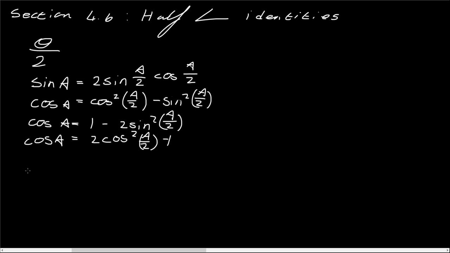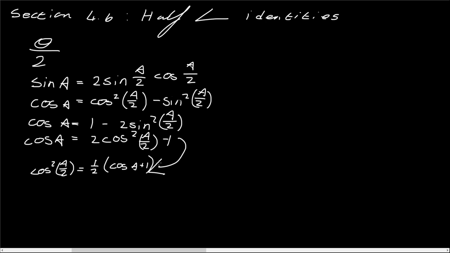If we take this identity and rearrange it, we also find that cos squared A over 2 is equal to 1/2 (cos A plus 1).